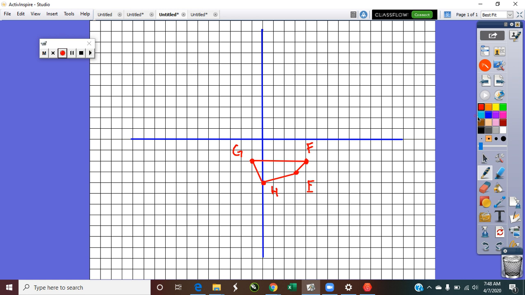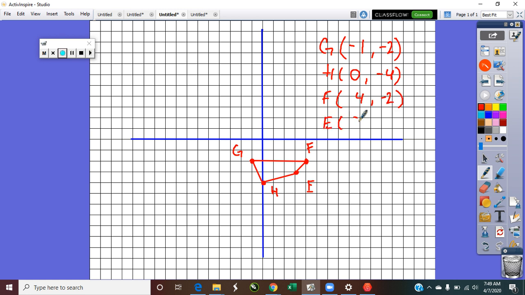So let's write these coordinates real quick. G is -1, -2. H is 0, -4. F is 4, -2.